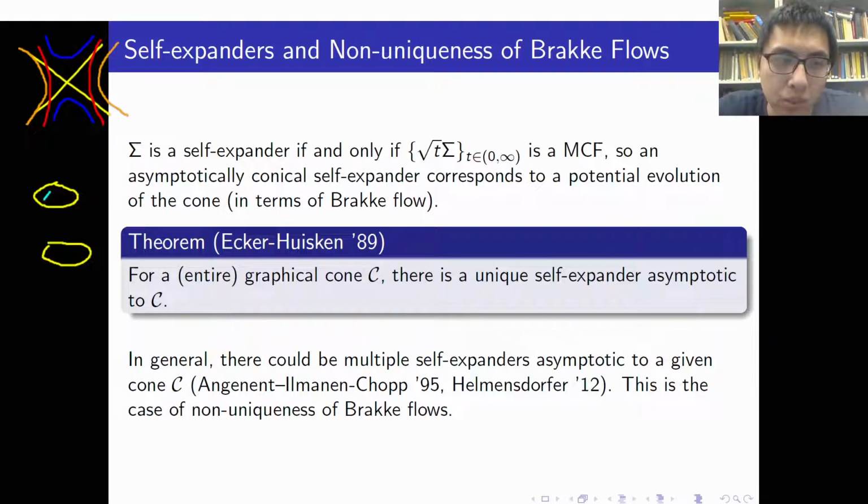There's the trivial solution, which is just two flat disks, and then there are two catenoidal solutions that look like this. There's a thin one which is unstable, and then there's a fat one which is stable. Okay.